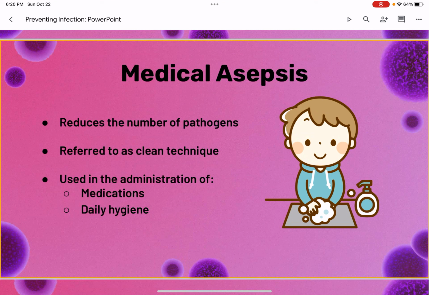Medical asepsis reduces the number of pathogens. It's referred to as clean technique, and it's used in the administration of medications and daily hygiene.